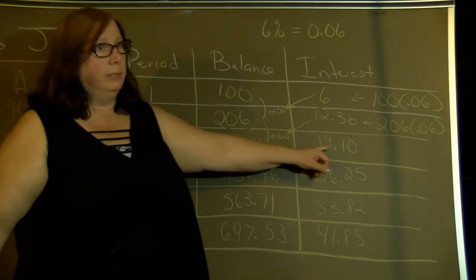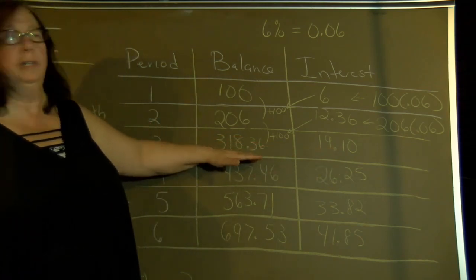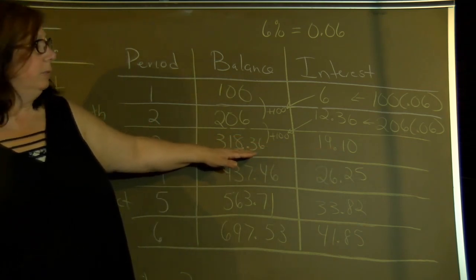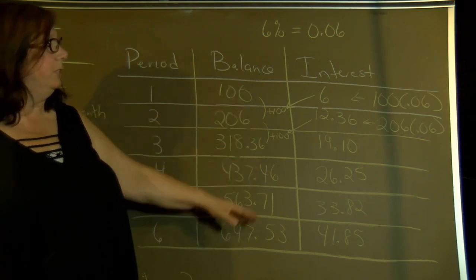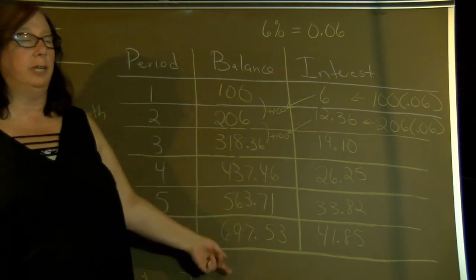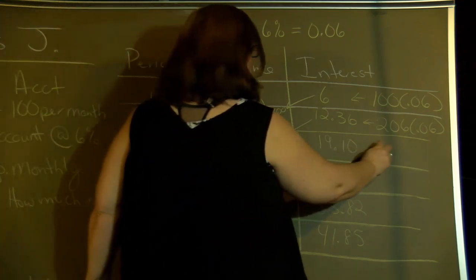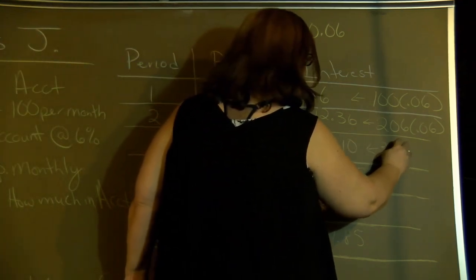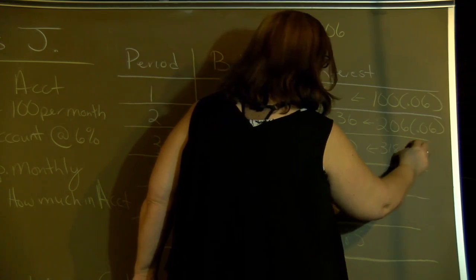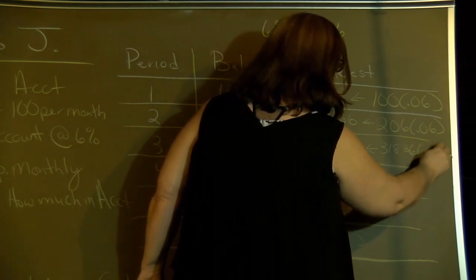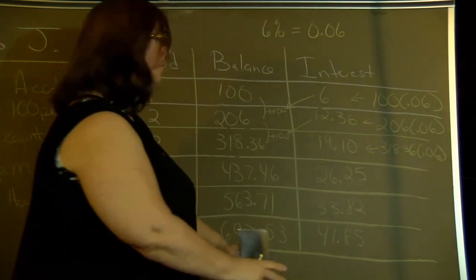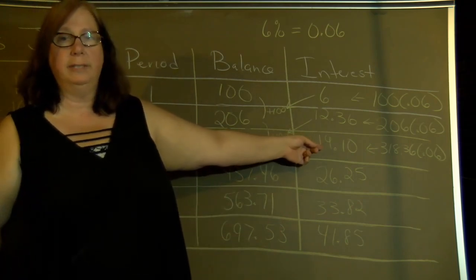Then the interest that you make on this $318.36. So it is not just the $100 each time. You add the interest into it each time also for your balance. And that will get you the $19.10.